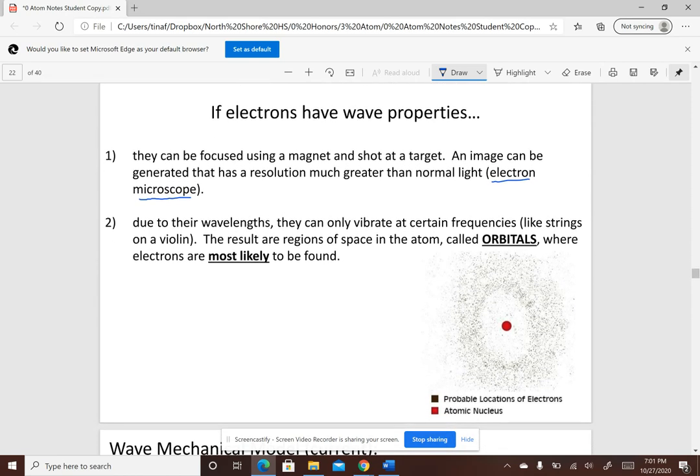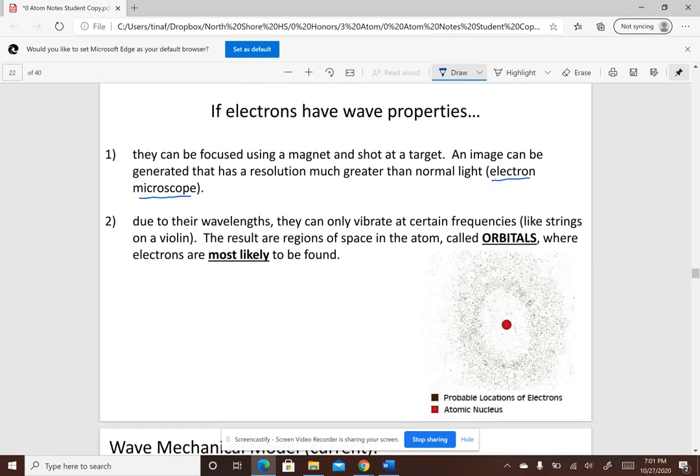The other reason why it's important is because this idea changed the way we view the atom. So now we're thinking, and this was the work of a lot of scientists together, that instead of the electrons orbiting in perfectly circular paths and following the same path every time, the places that the electrons are found are more like clouds, and we call them orbitals.